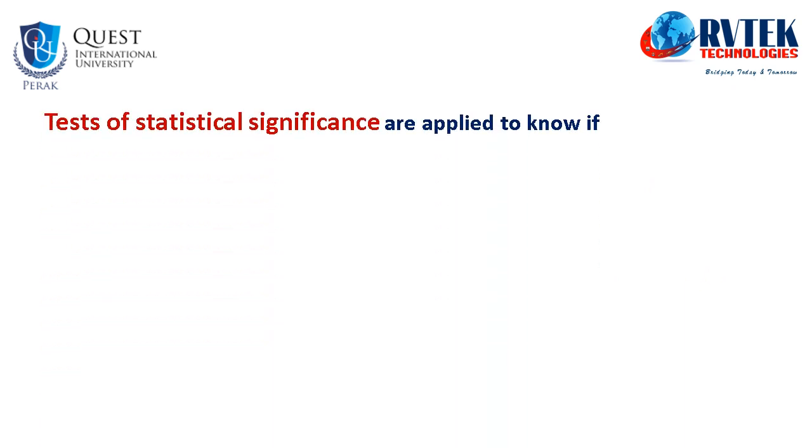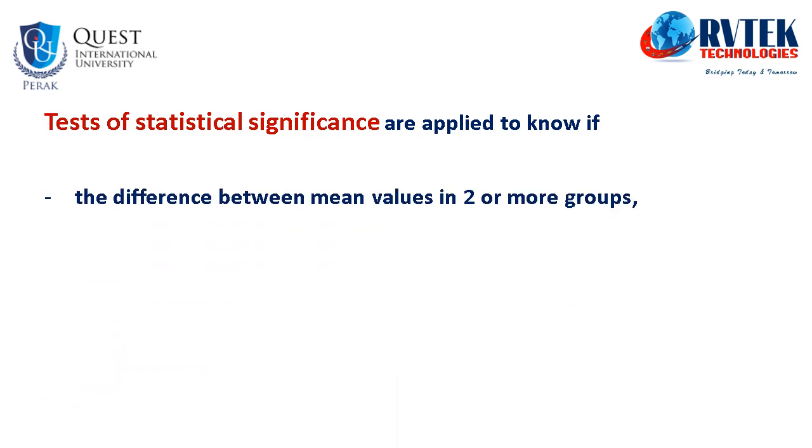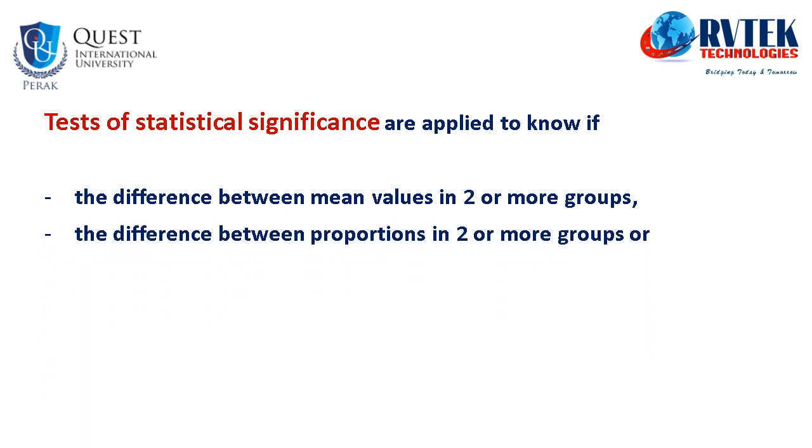Tests of statistical significance are applied to know if the difference between mean values in two or more groups is significant. Or the difference between proportions in two or more groups, males and females: proportion of diabetes among males, proportion of diabetes among females.